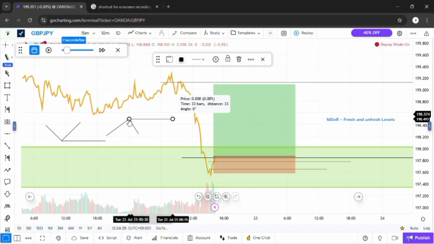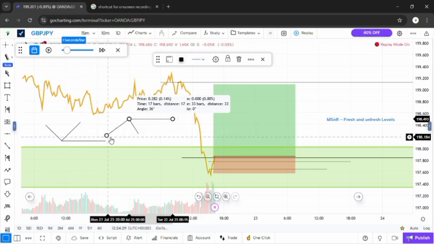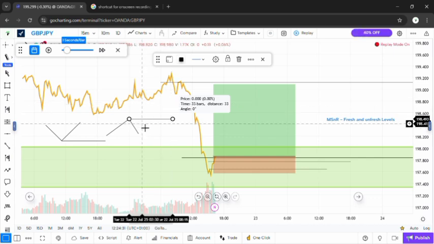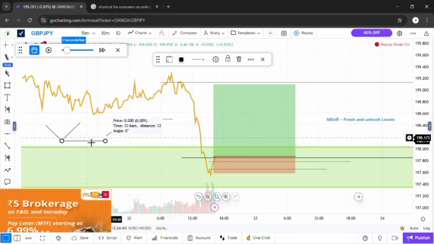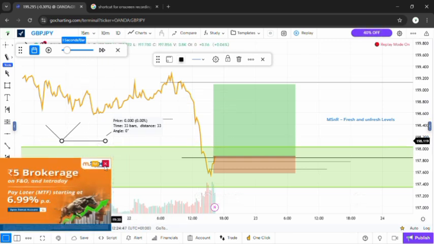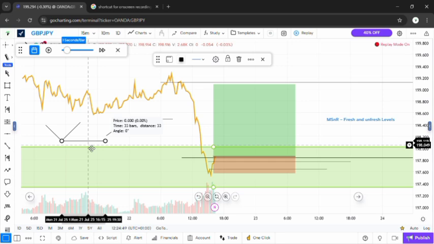And if price has not mitigated this area of resistance, it means this area is a fresh level. But if price has mitigated it, it means it is an unfresh level. Same thing here. If price has not mitigated this area of support, it means this is a fresh level. But if price has mitigated this area of support, it means it is an unfresh level.